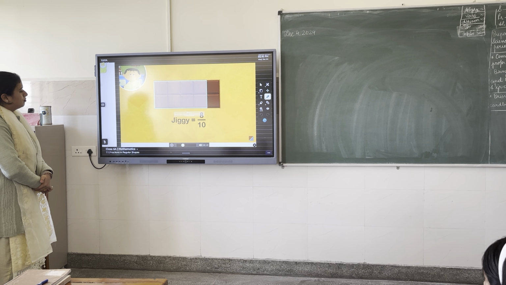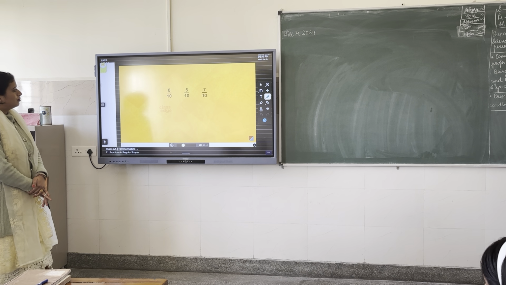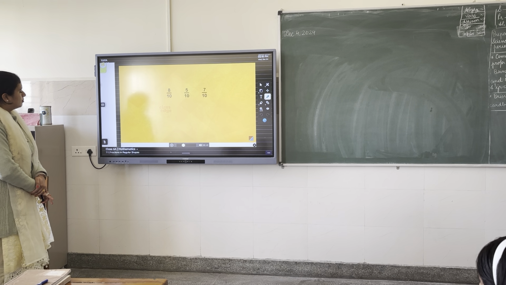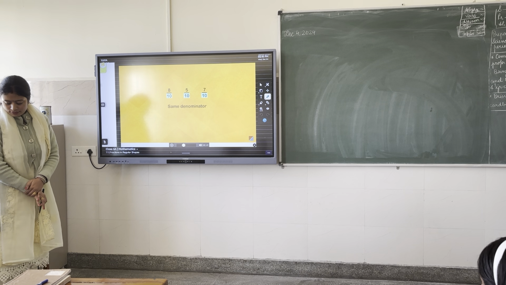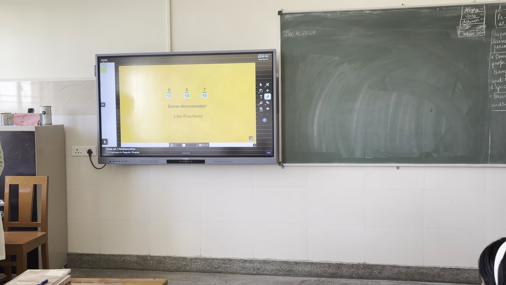But what if I remove the chocolates? Can you then compare the fractions? Note that all of them have the same denominator, so they are all like fractions. When we want to compare like fractions, we just compare their numerators. As 5 is the smallest of the three, 5/10 is the smallest.